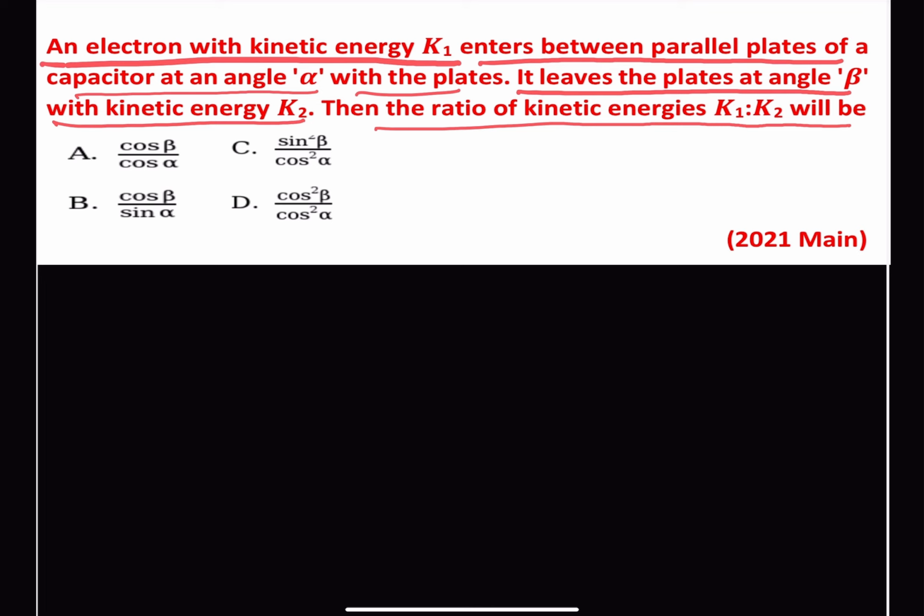So let us draw the parallel plate capacitor, and suppose this is our parallel plate capacitor and the electron is entering at an angle of alpha. Suppose this plate is positive and the other is negative, so the electric field will be in the upward direction.